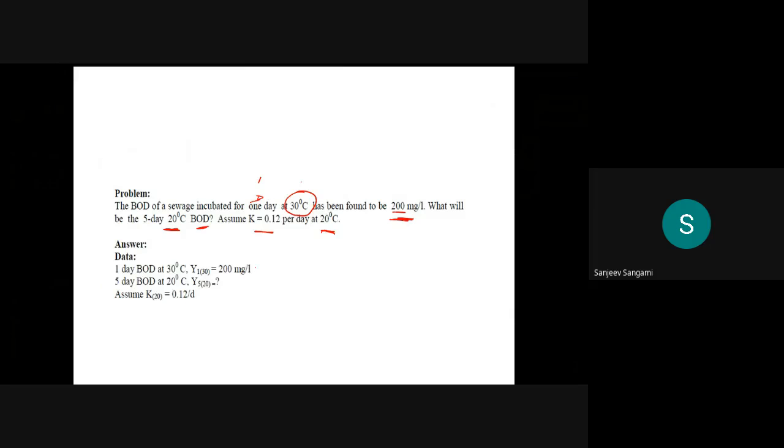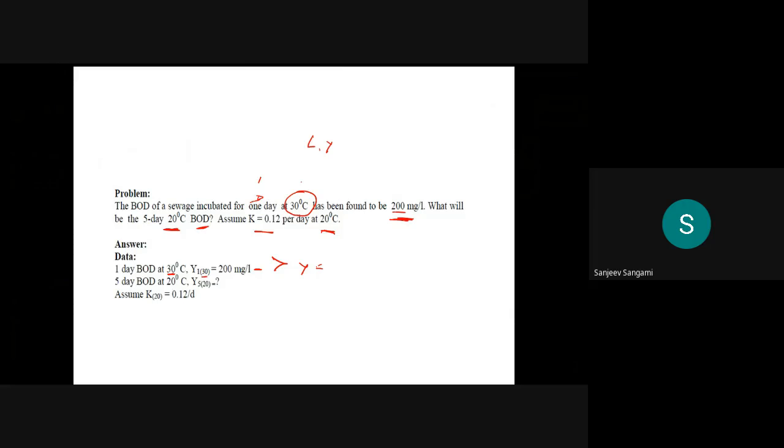See now the data whatever they have given. The first day BOD at 30 degrees centigrade, that is Y1 at 30, this is very important, is equal to 200. Now maybe you will be confused with the L and Y values. With this example you can say that it is a BOD exerted for 1 day.